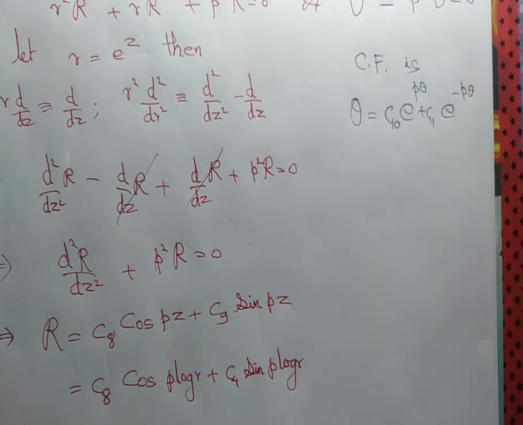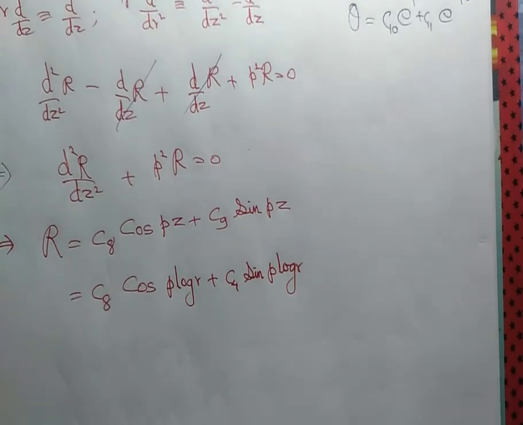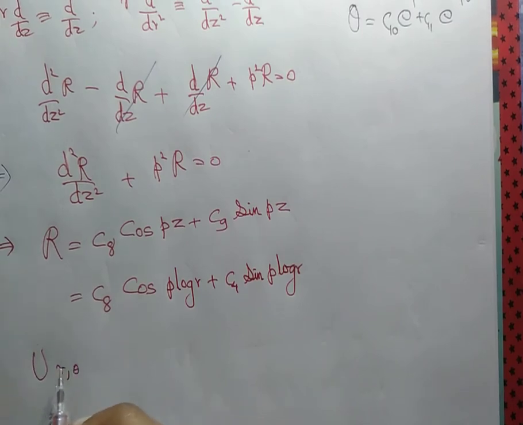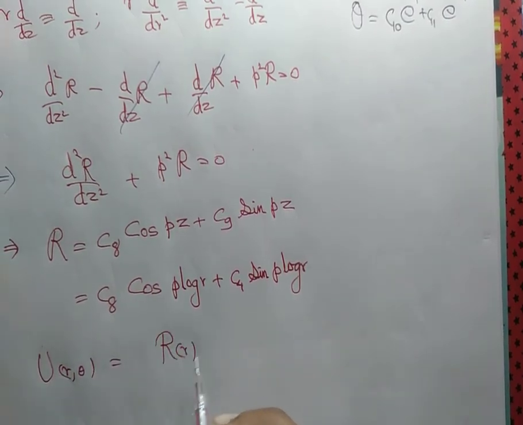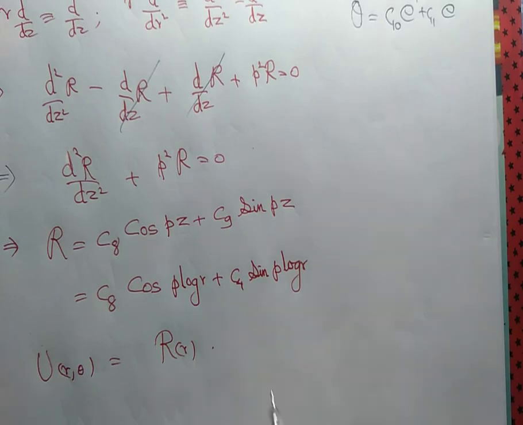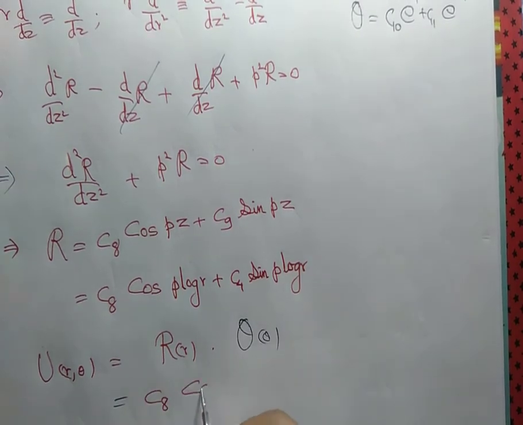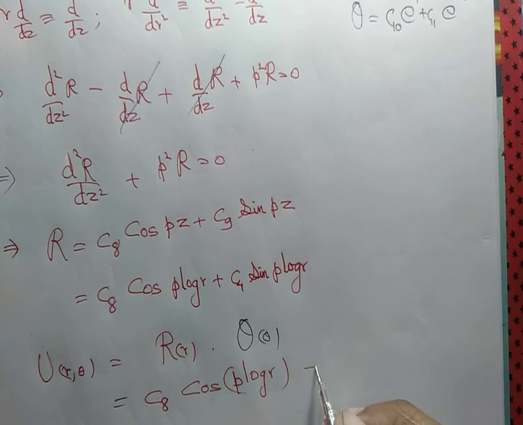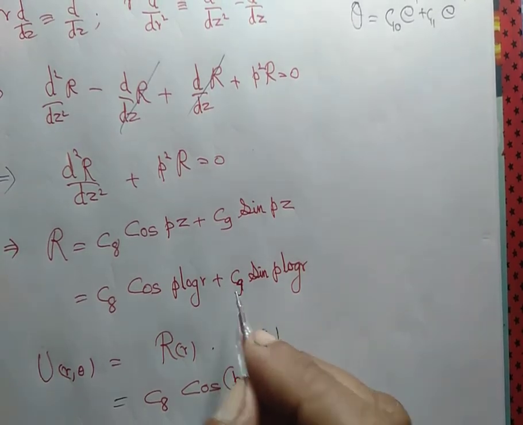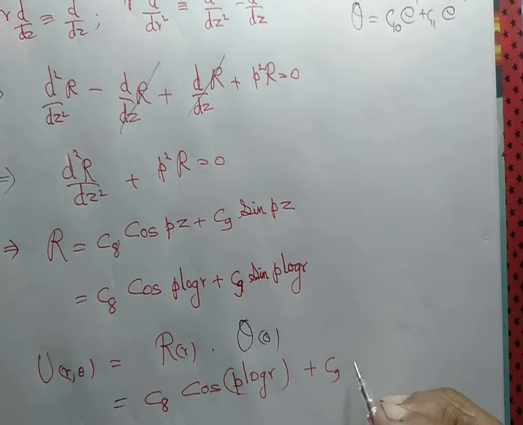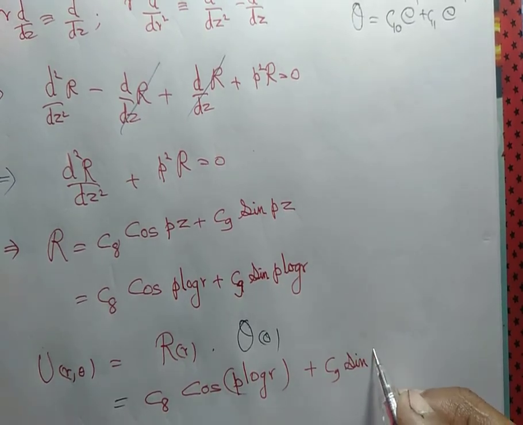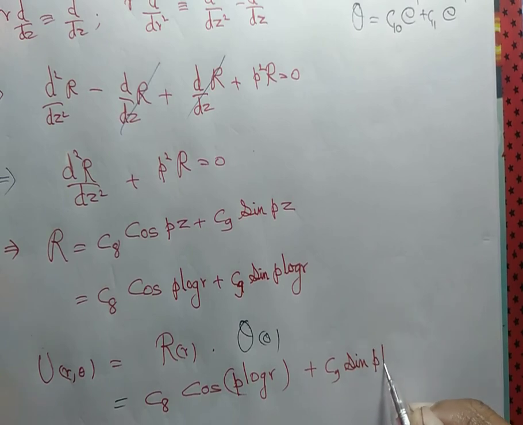If we combine these two, we'll have u of r comma theta, that's a product of r into theta, equal to C8 cos p log r plus C9 sin p log r.